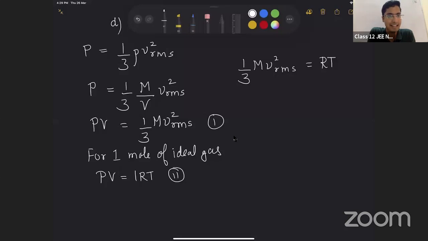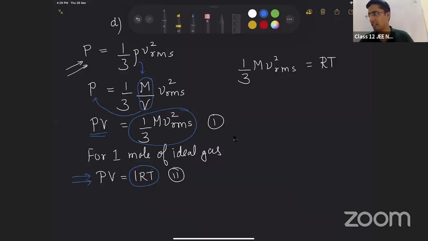I used the ideal gas equation. I took the expression P equal to 1 by 3 rho Vrms square and wrote rho as m by V because density is mass by volume. Then I wrote PV equal to 1 by 3 m Vrms square. And for an ideal gas PV equals nRT, so the LHS must be equal to the RHS. So 1 by 3 m Vrms square is RT.